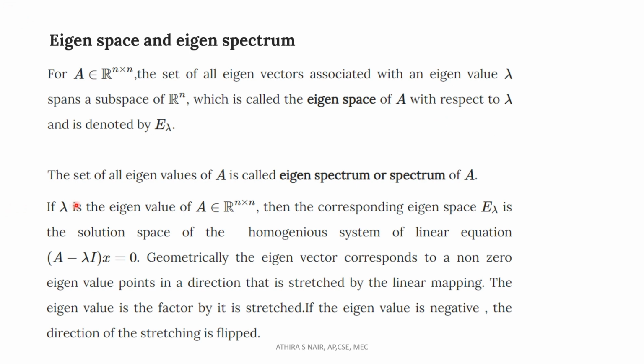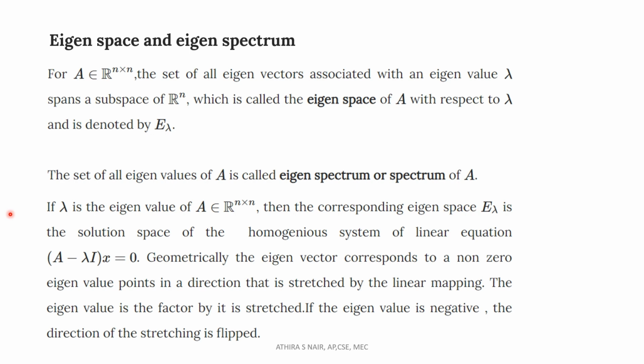The set of all eigenvalues of A is called the eigenspectrum or spectrum of the matrix A. If lambda is an eigenvalue of A, then the corresponding eigenspace E_lambda is the solution space of the homogeneous system of linear equations (A - lambda I)x = 0.